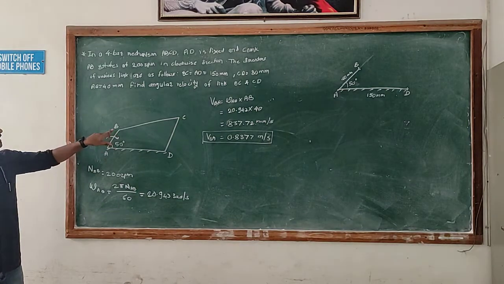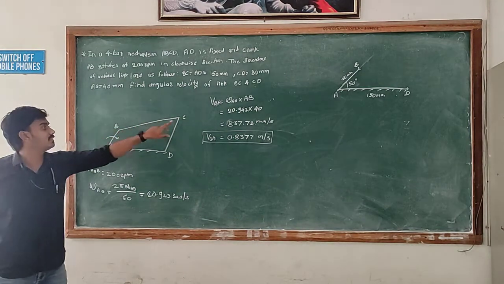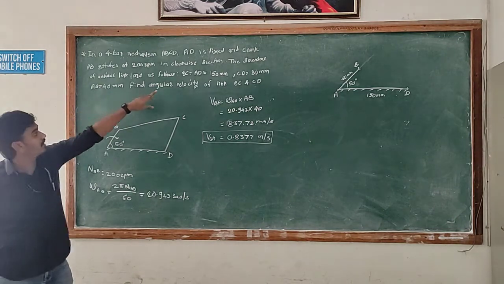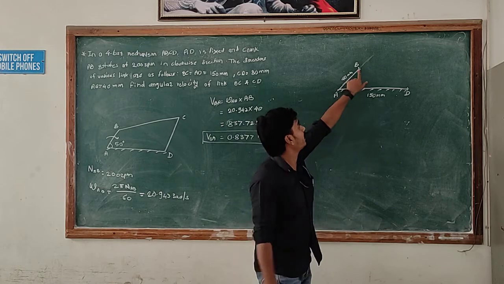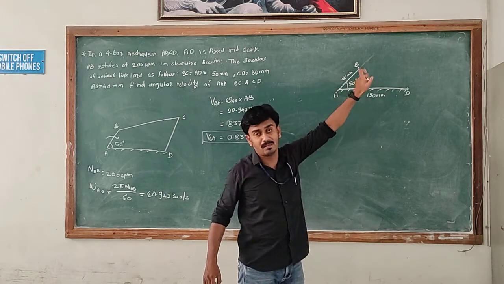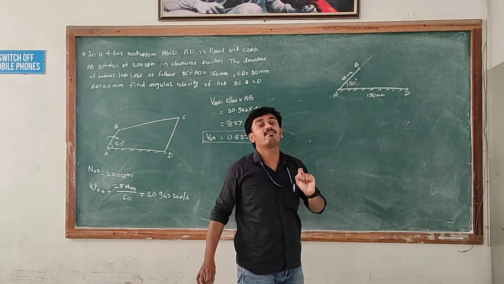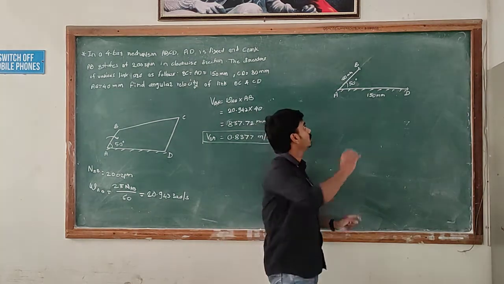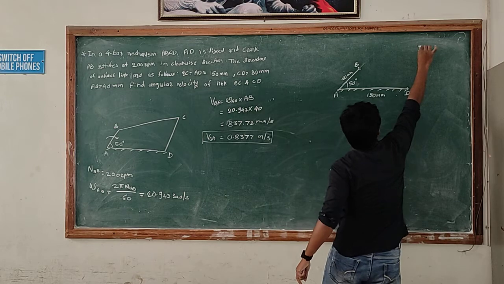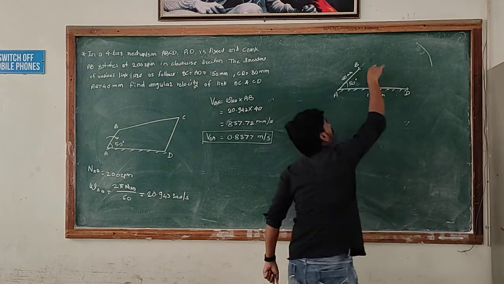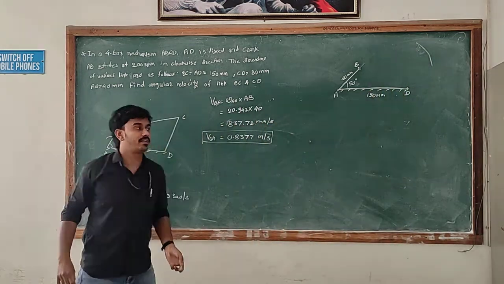Now the length of link BC is 150 mm. So from point B, mark an arc at a distance of 150 mm.